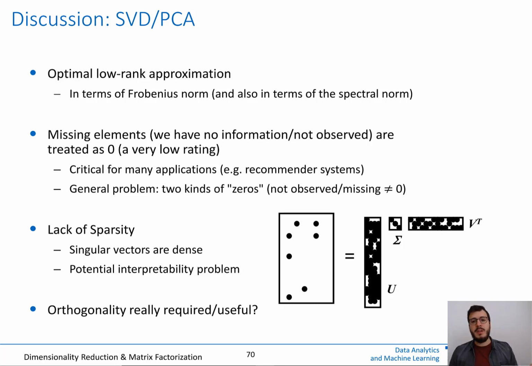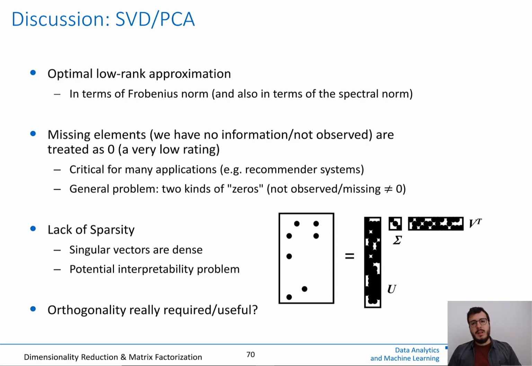And in general, we often have this problem of two kinds of zeros, where a 0 can either mean that we have not observed that, or it could also mean that it's actually a rating of 0. And treating these kinds of zeros appropriately is very difficult if you don't know where the 0 comes from.